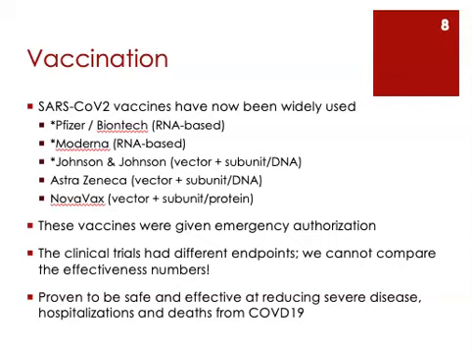All of these vaccines right now are currently on emergency authorization. And what that means is, in our country anyway, the Food and Drug Administration has determined that the risk of using the vaccine is lower than the risk of being unvaccinated and contracting COVID-19.